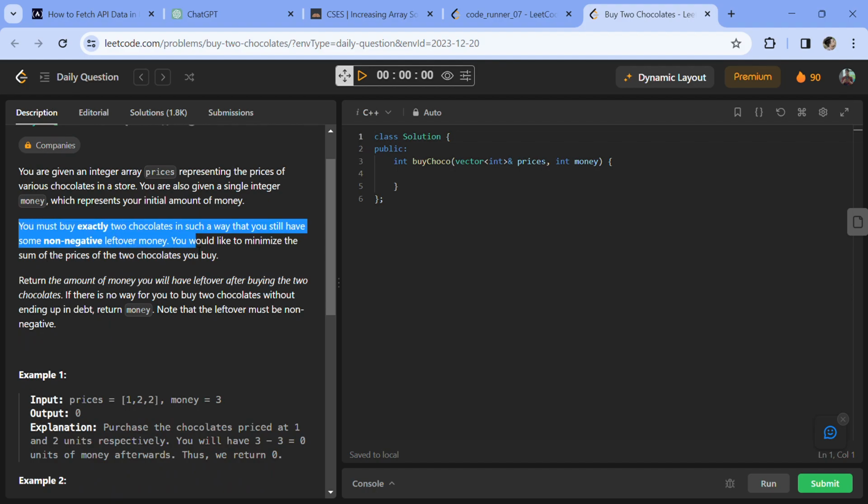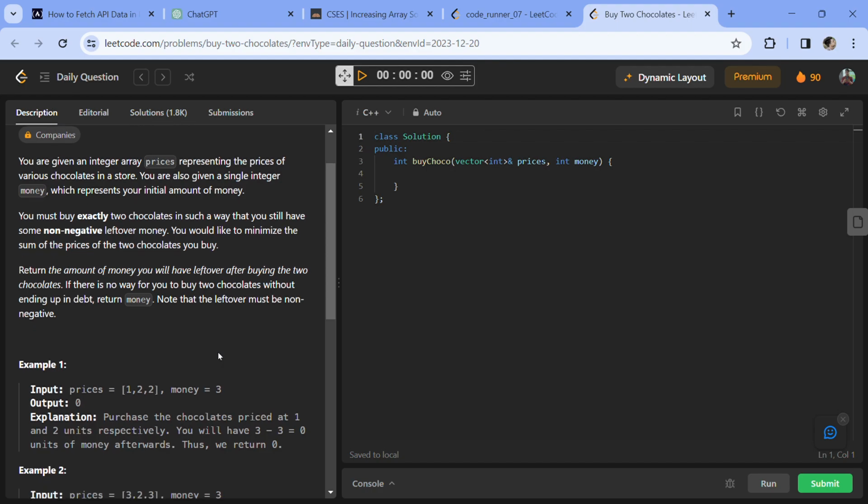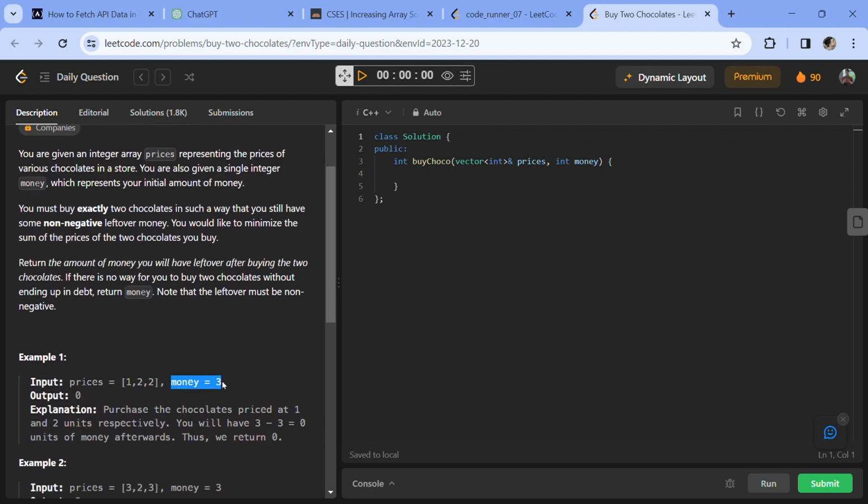So from this line we can assume that we have to buy two chocolates in such a way that we cannot cross the limit of our given money, which we have initially.